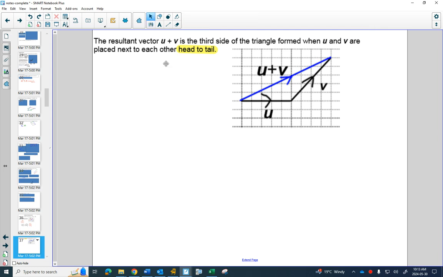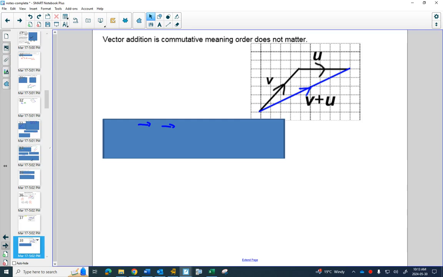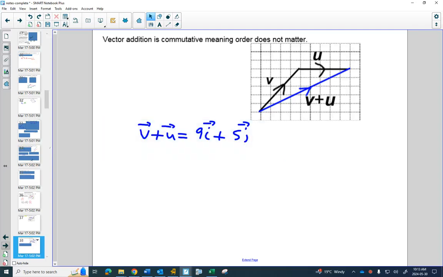You're matching things up head to tail. And it doesn't matter which way you do it, because if you added v plus u and u plus v, they would end up being the same.